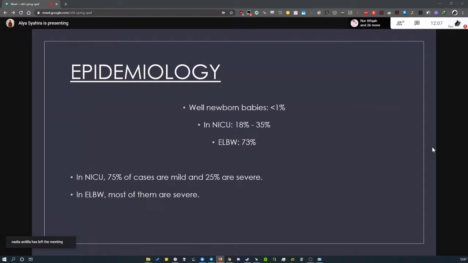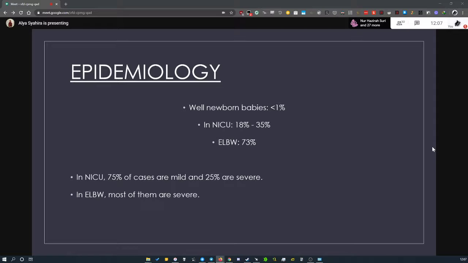So a bit of epidemiology about neonatal thrombocytopenia. It is not really common in well newborn babies; the percentage is less than 1%. However, for NICU patients it is quite high, around 18 to 35%, and also very high in infants with extremely low birth weight, around 73%.